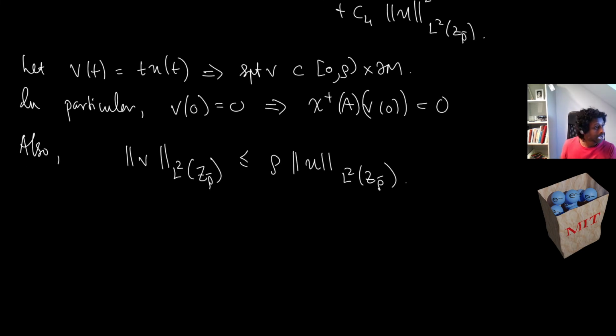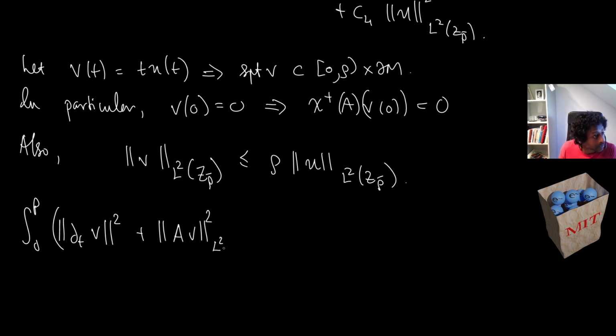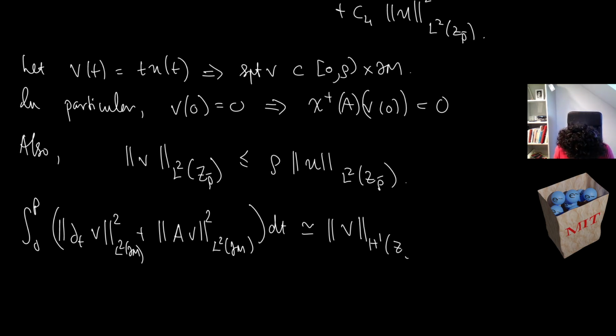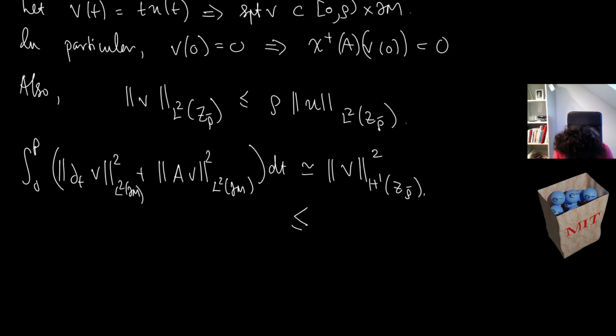So what do we have here? Now we can integrate. From before, we have that the L2 integrals on the boundary of dt v squared plus A v squared dt are comparable, as we wrote before, to the H1 norm squared on Z rho. And this is bounded how?